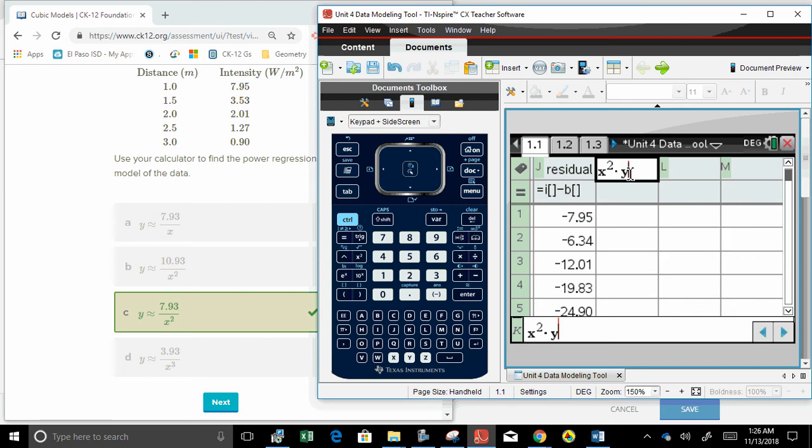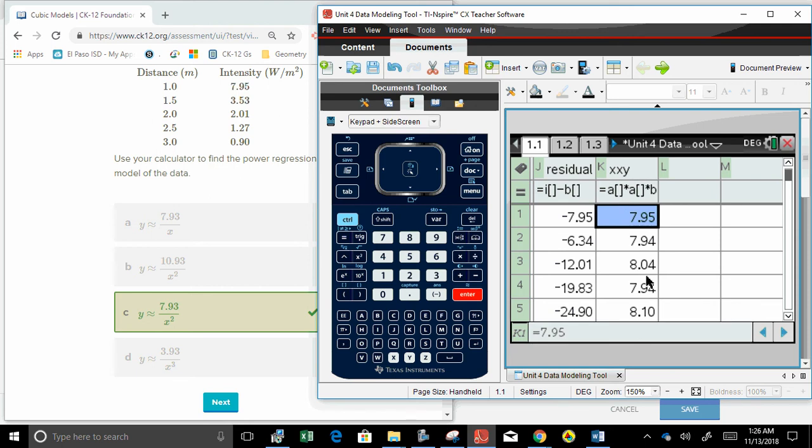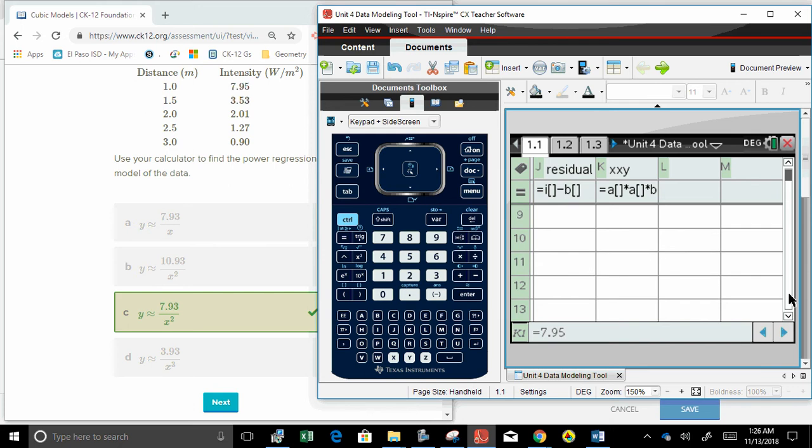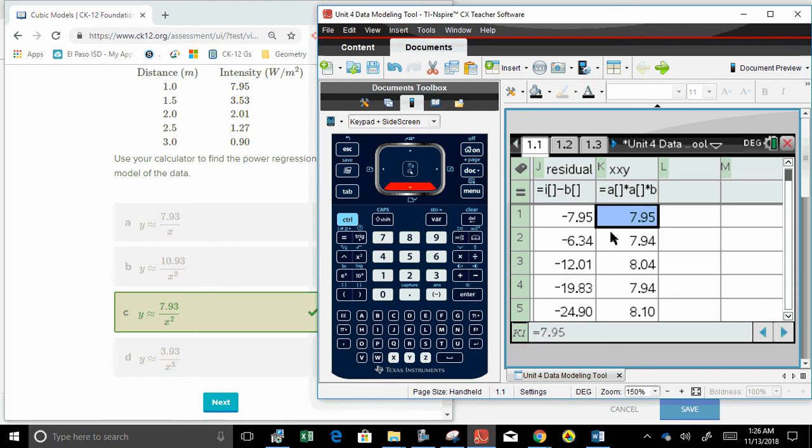Okay, didn't like that. xy. How do we do that? What does that mean? It's a times b. And that's what it looks like there, according to the data. Does that look constant? One, two, 7.9, 7.9, 8, 3, 4. I don't know. Leave that for that.